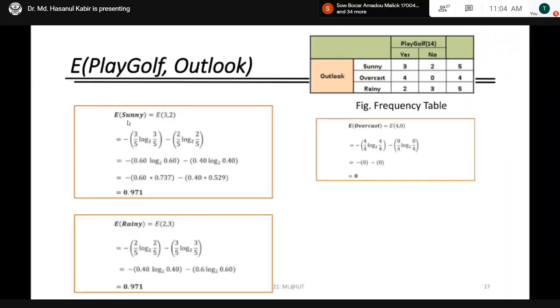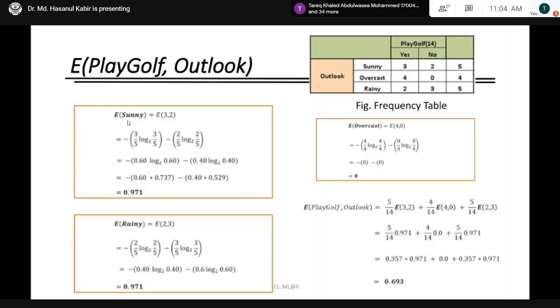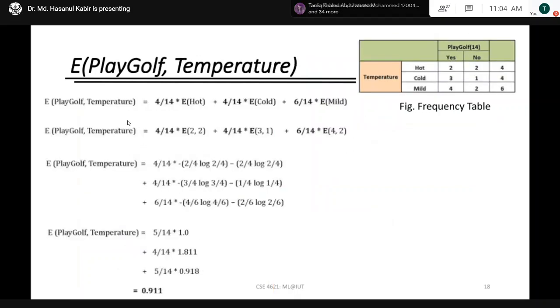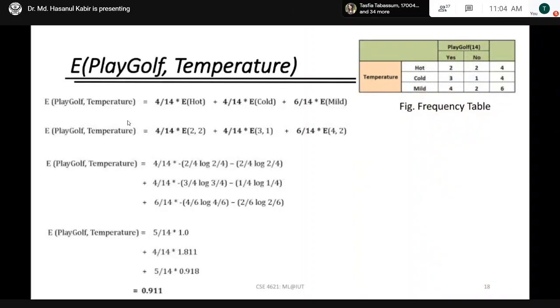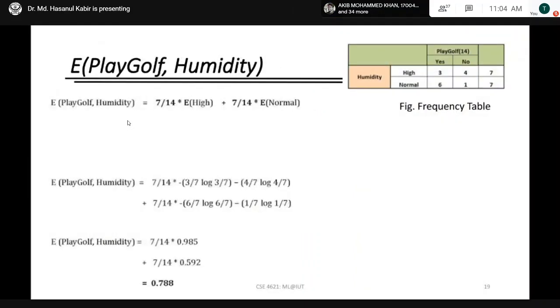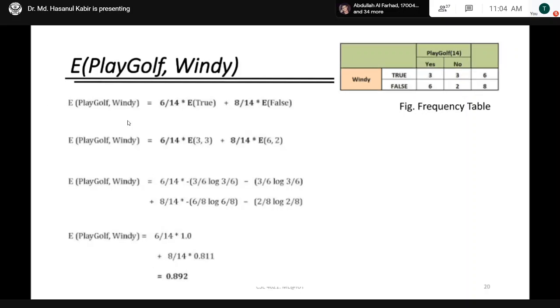Right? Yes, sir. Okay, what was the entropy for the attribute outlook? It was 0.693. If I do the calculation for temperature, the entropy value is 0.911. For humidity, the entropy value is 0.788. And for windy, the entropy value is 0.892.